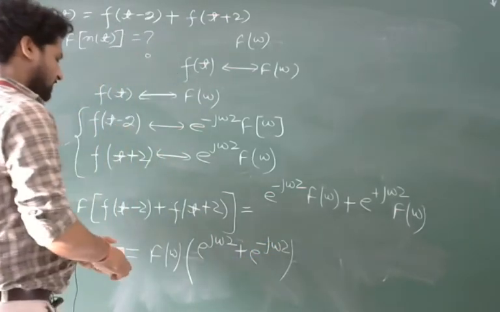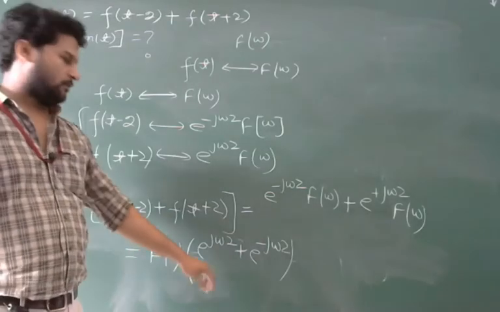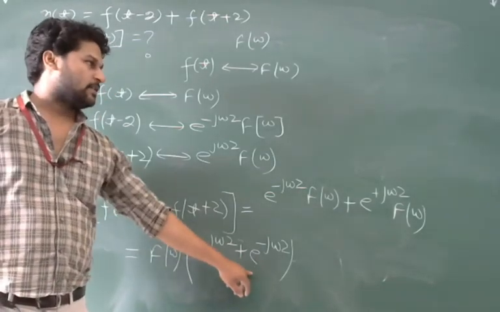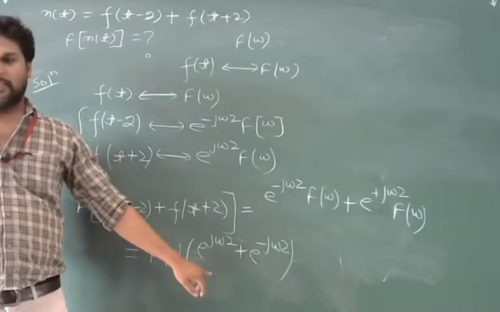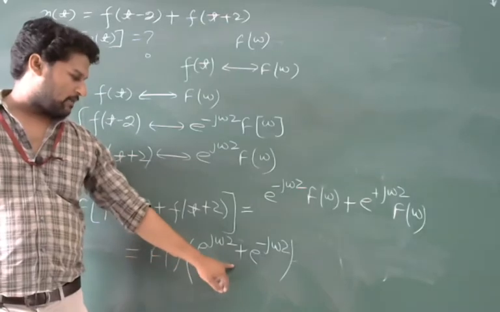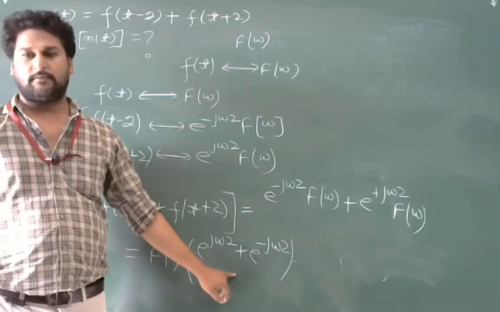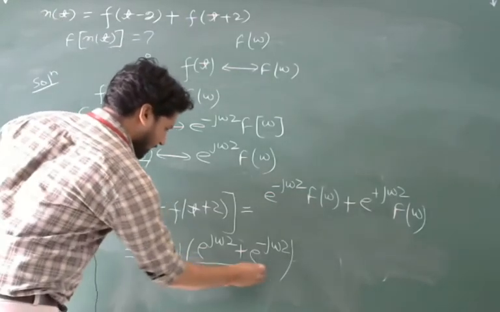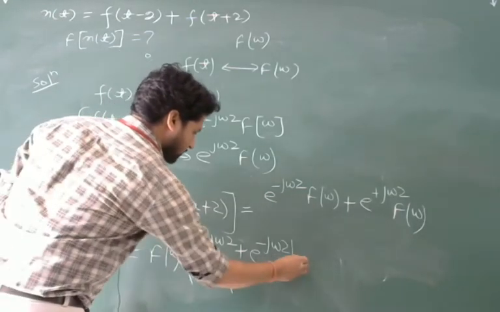Again the same condition is here. Since the plus sign is given here, it means that this summation of the complex exponentials can be converted into cos of omega, and for this we have to multiply and divide by 2 in this equation.